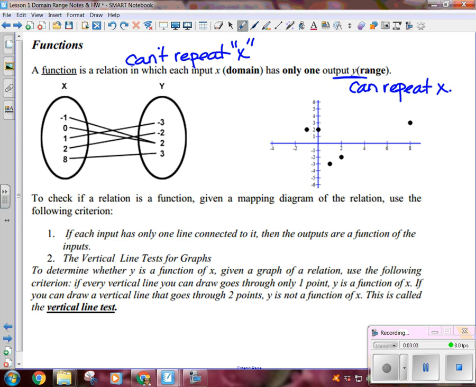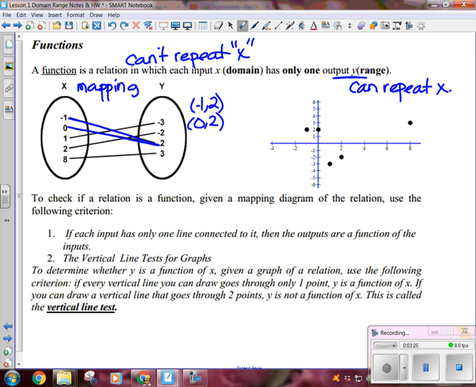And here's another way to look at it. Again, on the left, this is a relation. These numbers are connected. They have a relationship. In my mapping diagram, you'll notice there's only one line coming from -1. So -1 is connected to 2, and that's the only line. So -1 only has one output. 0 has one output.